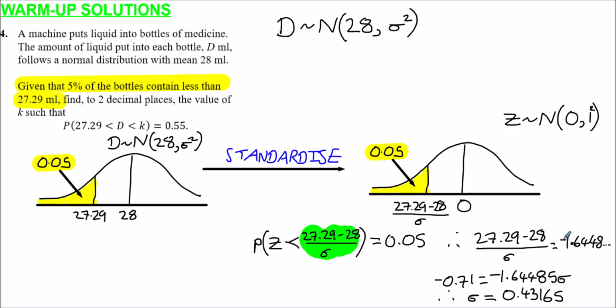So now we can work out what this value of k is. I'm wanting the proportion of the curve in between 27.29 and k to be 0.55. So I'm wanting up to k, if I put k here, I want the bit in the middle to be 0.55.